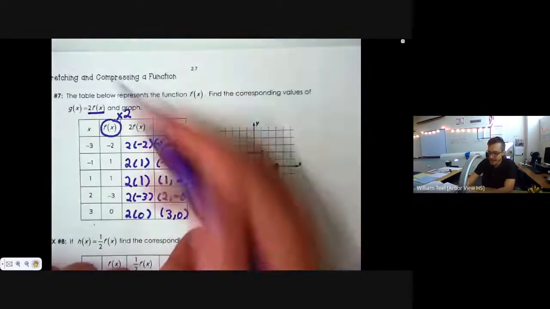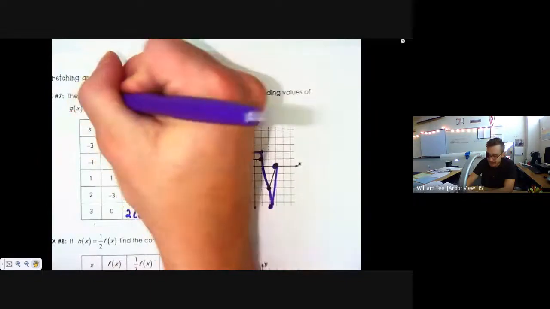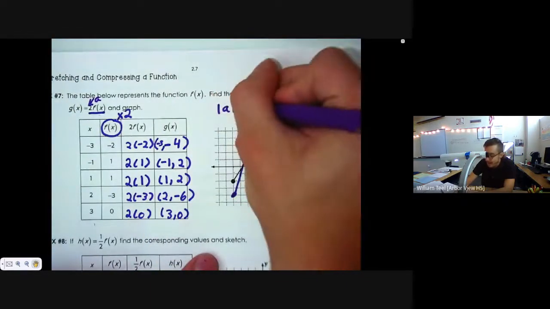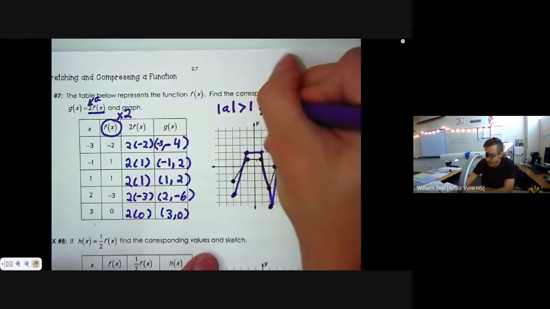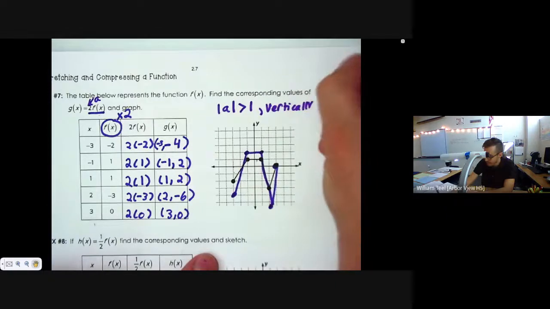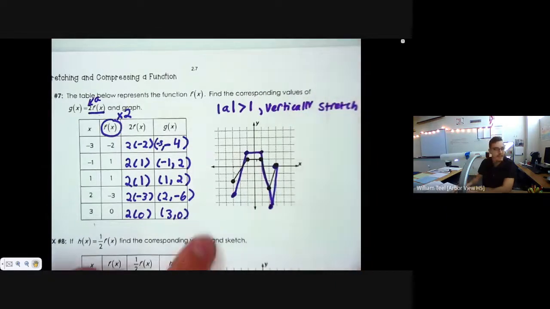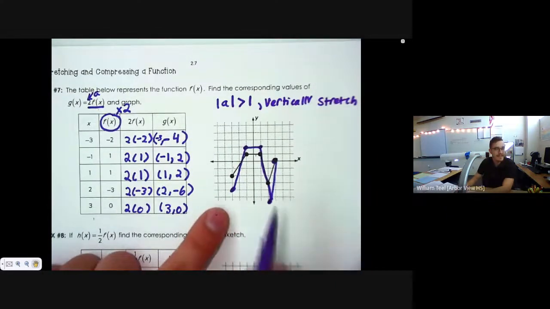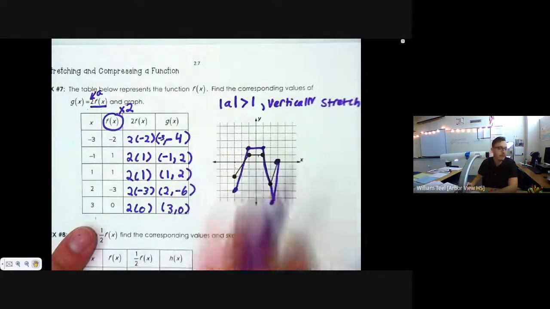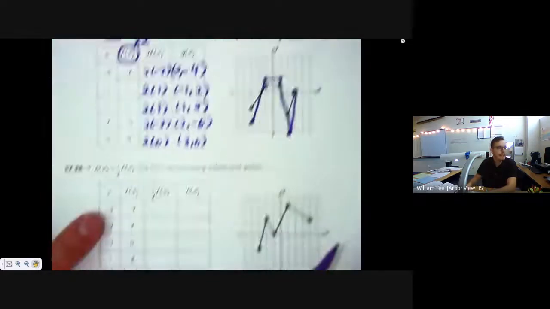So what I'm going to say here, this value represents a. So if the absolute value of a is greater than 1, then that means we are vertically stretching. Cool? So this is how we represent our vertical stretch. And we know that this is a vertical stretch because that a value, the absolute value of it, is greater than 1.